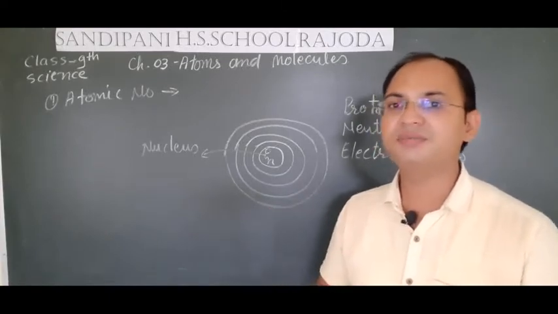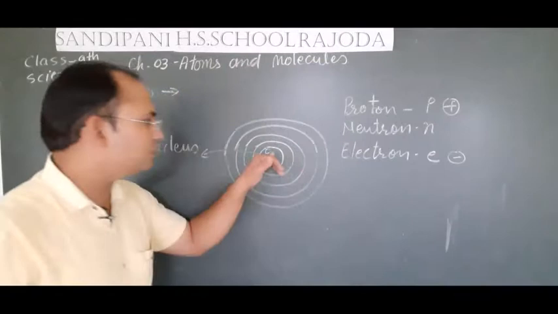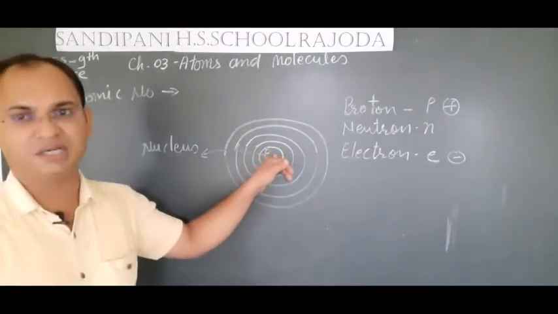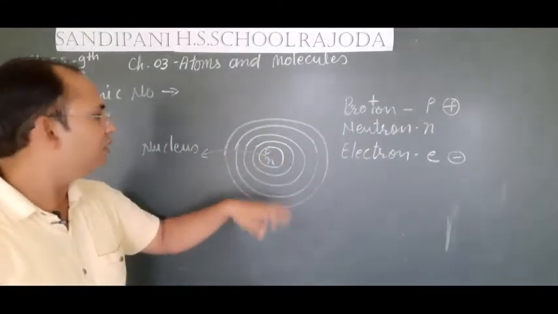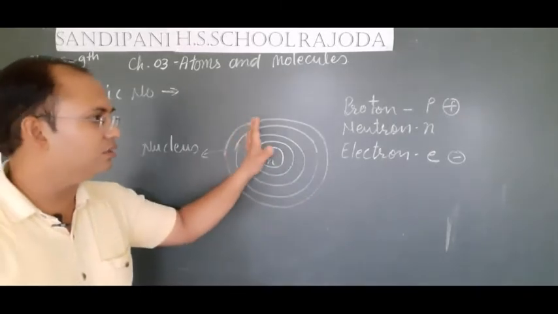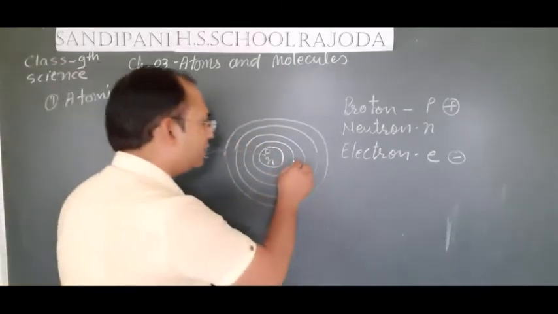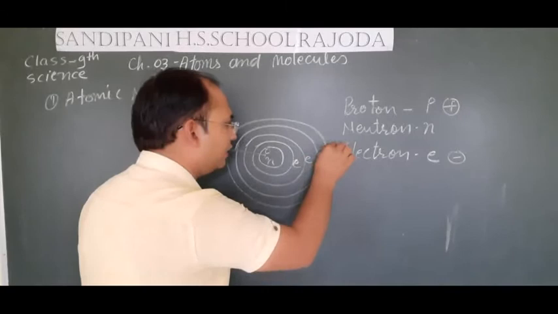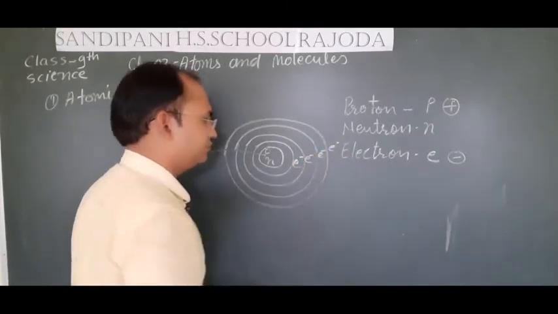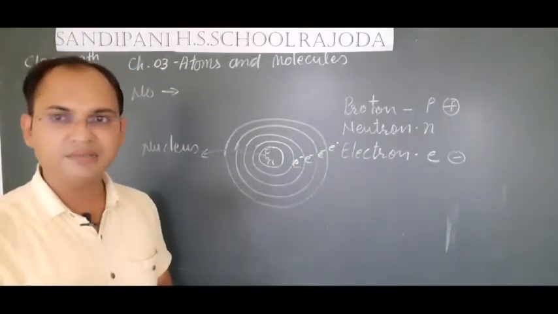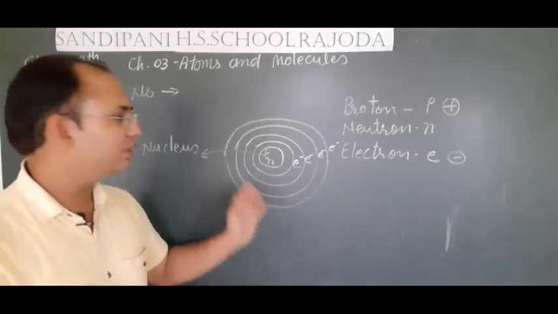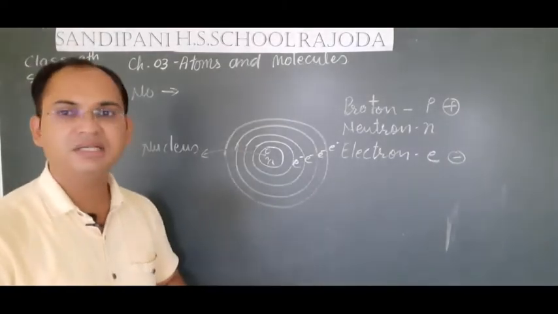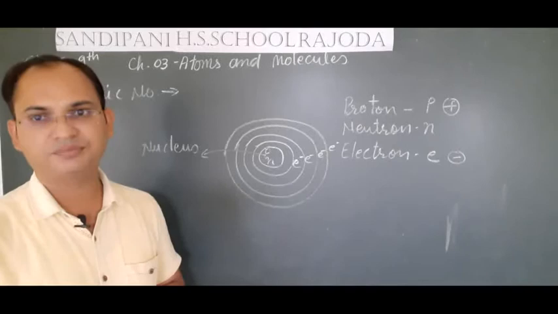Consequently, we can say that the nucleus of the atom is positively charged, and outside the nucleus in the orbitals electrons are present and electrons are negatively charged. So we can say that outside the nucleus there is negative charge on an atom.